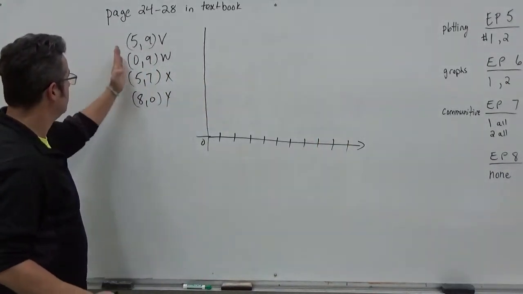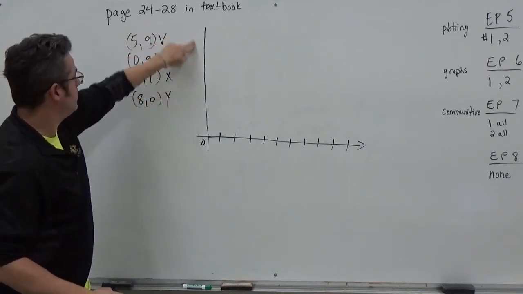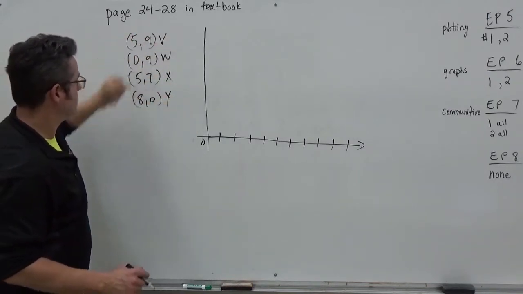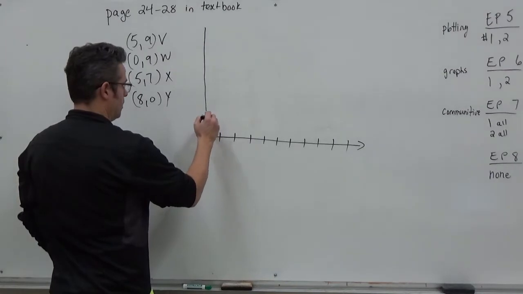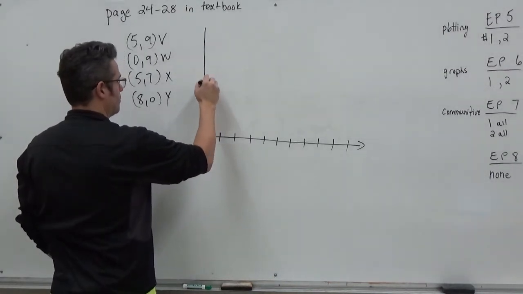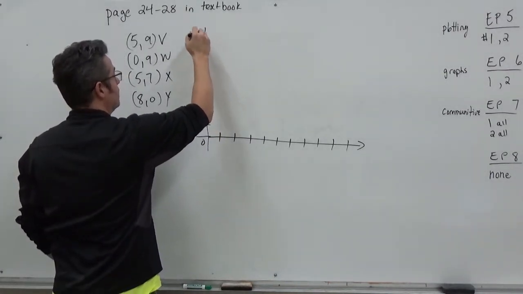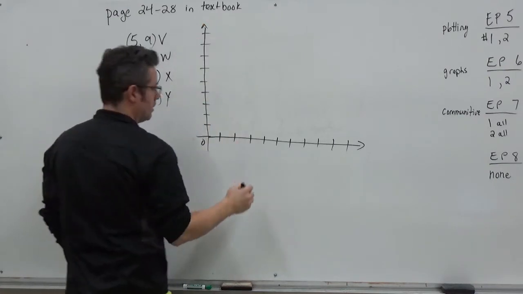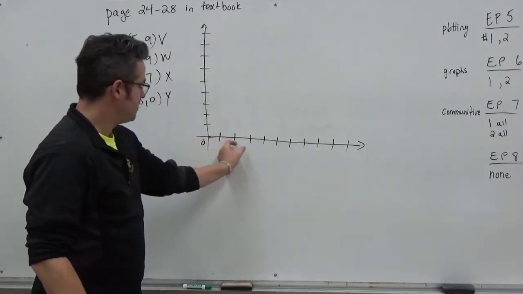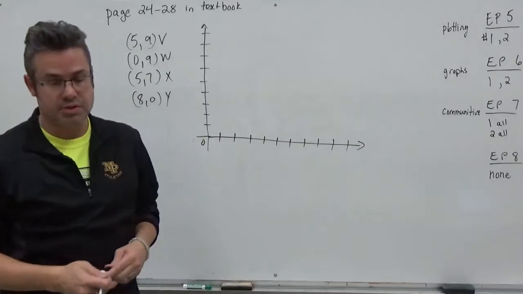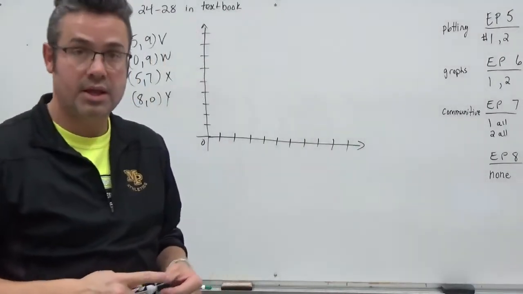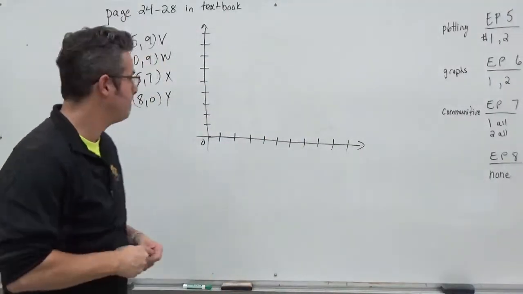That's my biggest number. Over on my vertical part, I go as high as 9. So 1, 2, 3, 4, 5, 6, 7, 8, 9. You want to try to keep these about the same space, so using graph paper is definitely going to be the easiest because it's got all the lines for you.